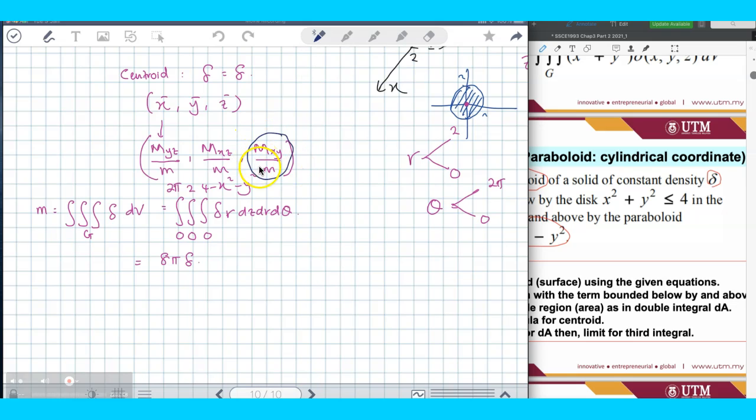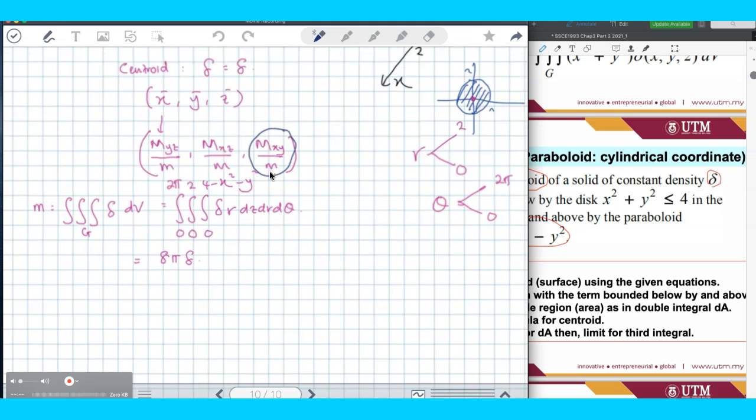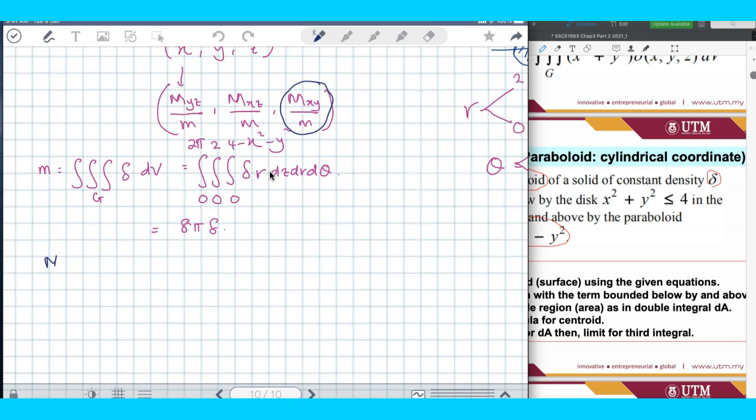We have done finding the mass. Now we want to get the moment of mass with respect to the xy plane. Just like in the lamina, you will use the same limits. Also for the solid, you have the same limits, because you have the same solid, but the change is only in the integrand.